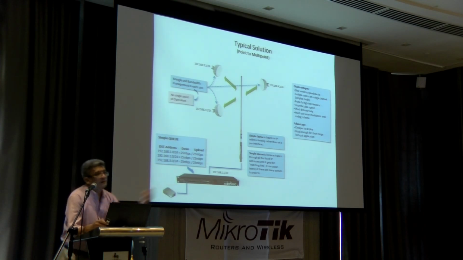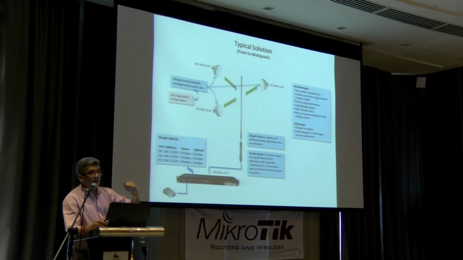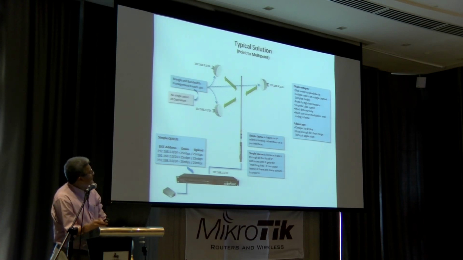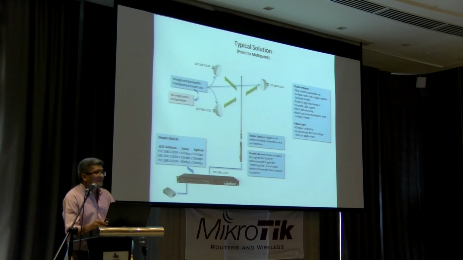The problem with the simple queue is if you have so many queues on your list, it goes through each line. So if you move queue number 10 to number 1, that will be processed first. If you have lots and lots of queues with a simple queue, it will cause a lot of latency, and that is not a solution for mission critical applications. Okay?